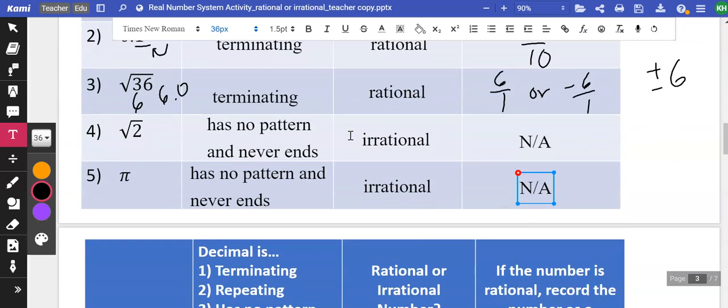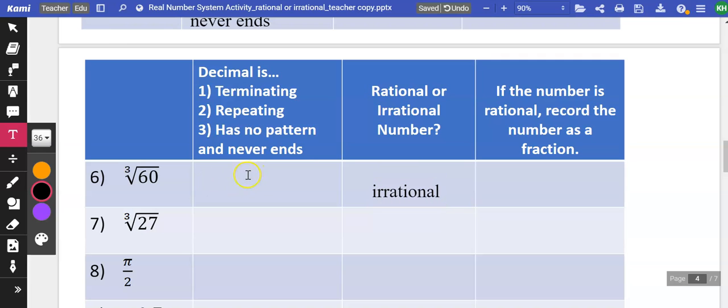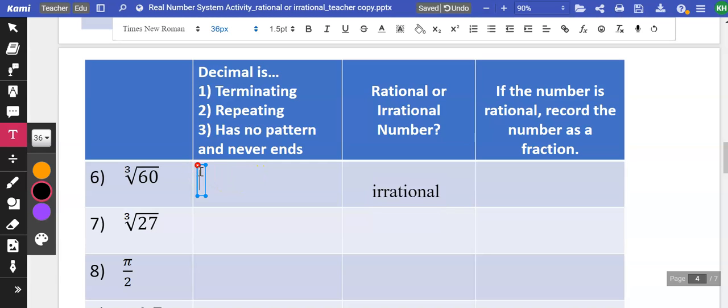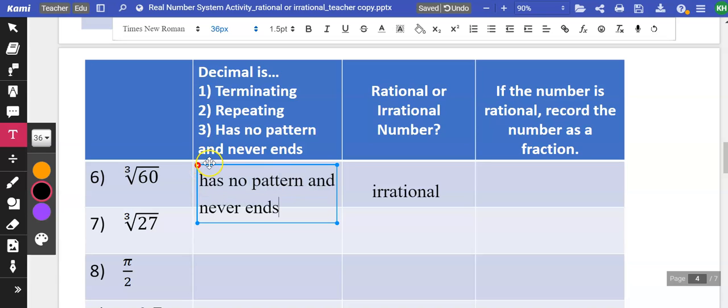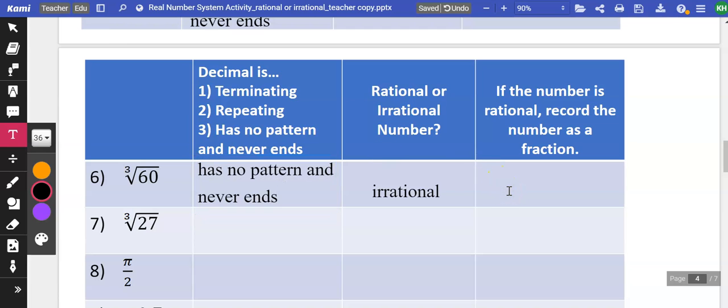All right, so going down to this, the cube root of 60, this is an irrational number, and the decimal has no pattern and never ends. And we can't write it as a fraction.